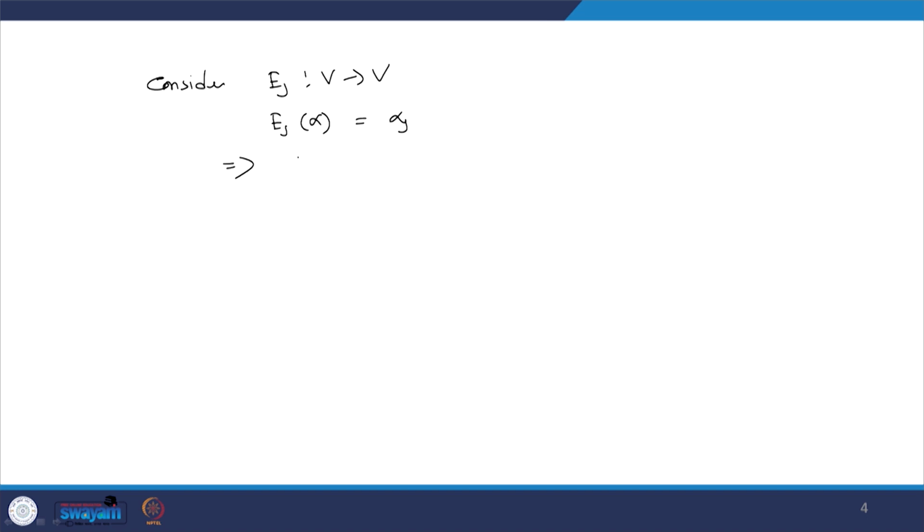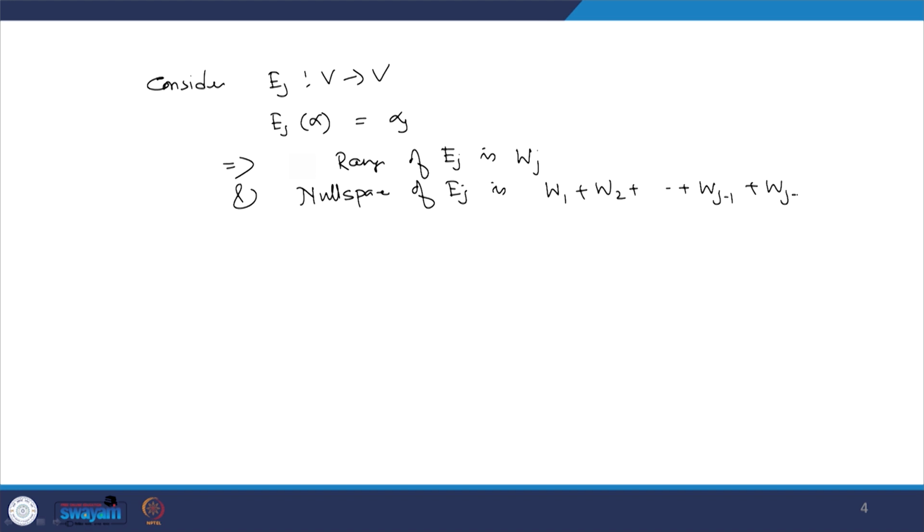So, this implies that the range of Ej is Wj, and the null space of Ej is the sum of subspaces W1 plus W2 plus Wj minus 1 plus Wj plus 1 plus Wk. So, this is the null space of Ej.